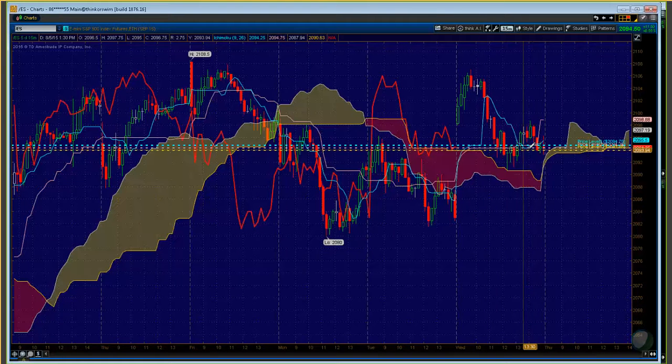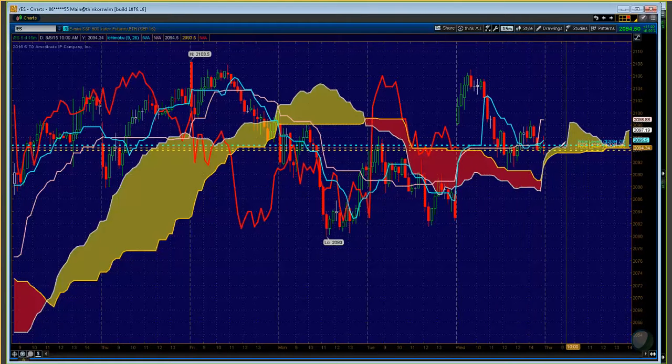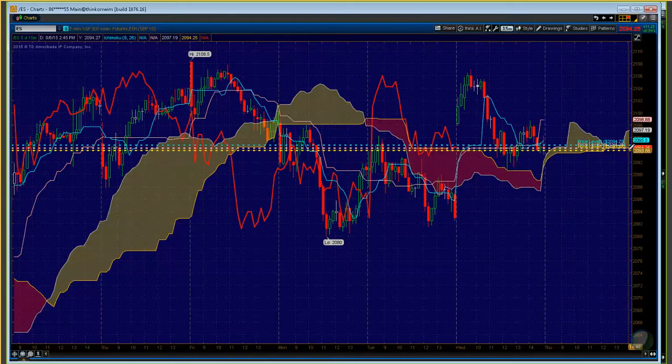So it equated to a future Tenkan Sen. It also equates to a future Span A, also equates to a future Span B. So we've got a strong support level here.